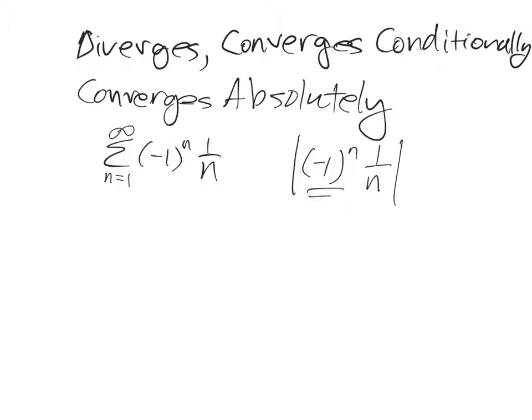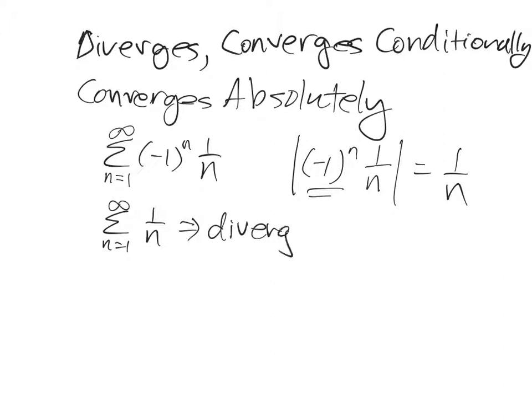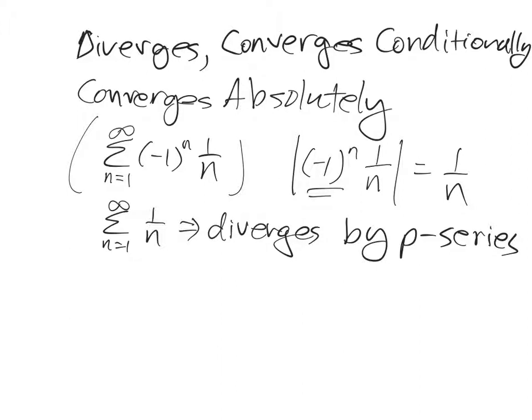Of course, this one where it's the alternating part, that's just going to end up being our 1 over n. Well, the series of 1 over n does what? Okay, that diverges by what test? P-series. We can use P-series on that. So this original one will not converge absolutely. It will either diverge or converge conditionally.